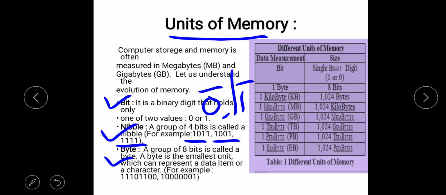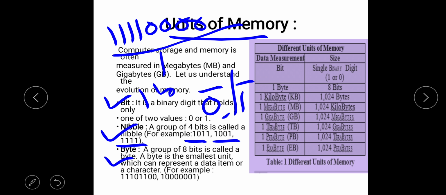It contains 8 bits. It is called a byte. For example, 1111 0000 is known as 1 byte.